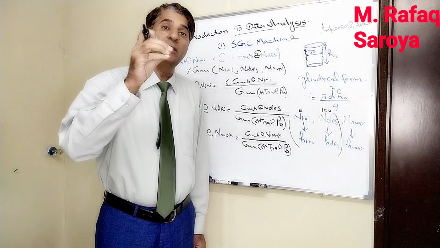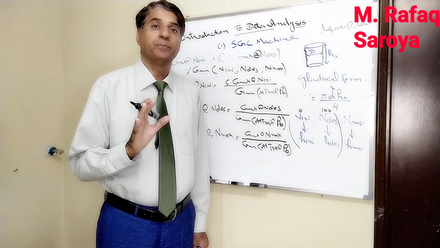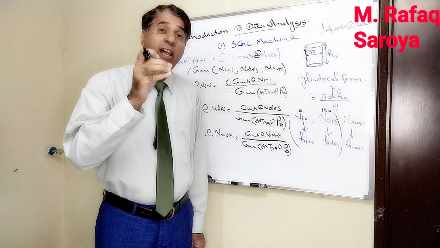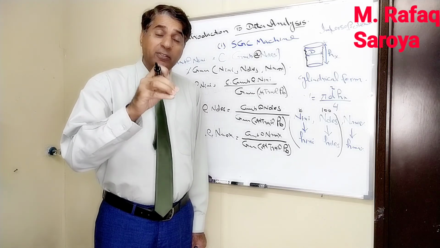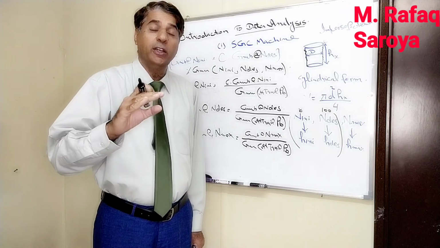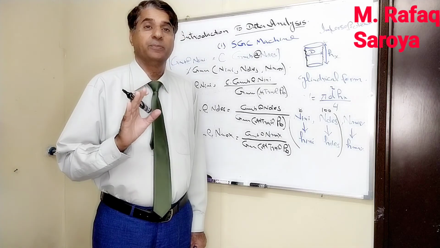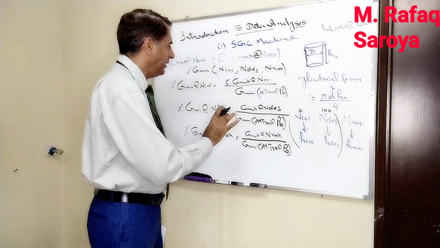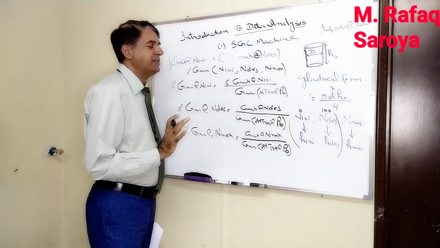The correction factor is only applied when the number of gyrations is less than 100. When it is equal to 100, it means we are at the design point. When it is at the maximum, then no need. So that is why in these two equations, C is not being written.